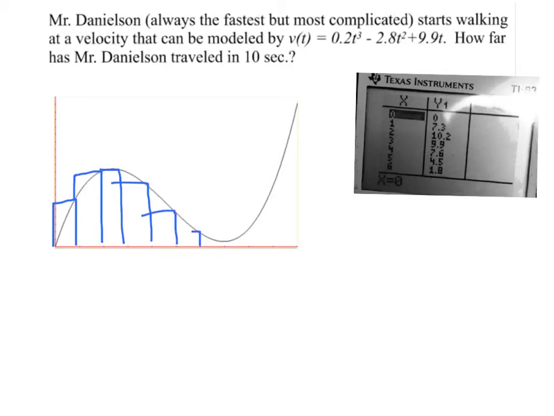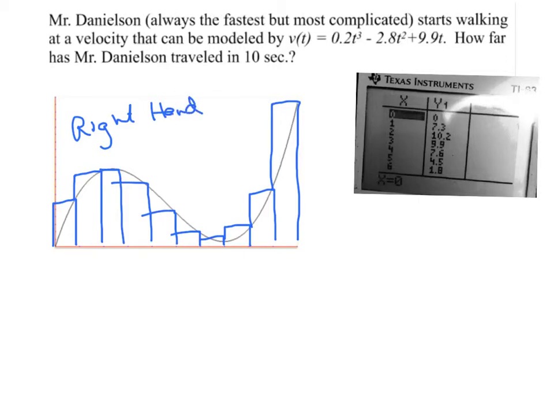And you'll notice that some of them are overestimates, some of them are underestimates of the actual area. For sure, those first couple and this last couple, the rectangle area is way bigger than the actual area under the curve. Okay, this is what's called a right-hand estimate or right-hand sum.